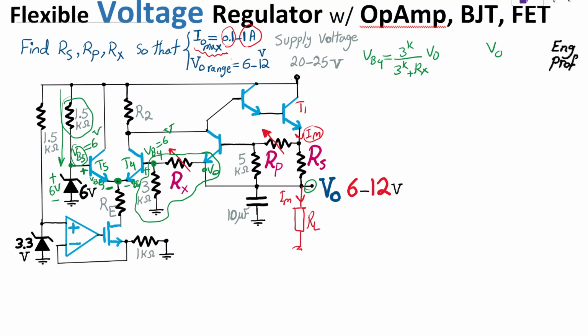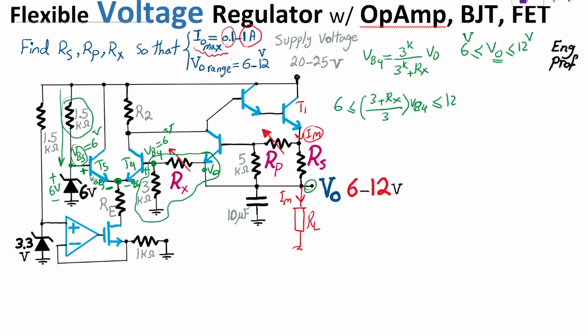Now, the desired range for Vout is between 12 volt and 6 volt as stated by the problem. I can substitute for Vout using this equation. Effectively, I can say Vout is (3K plus RX) divided by 3K times VB4, which is between 12 and 6.